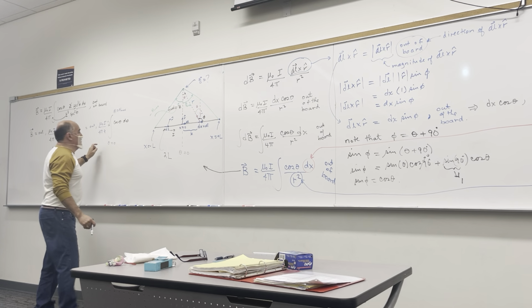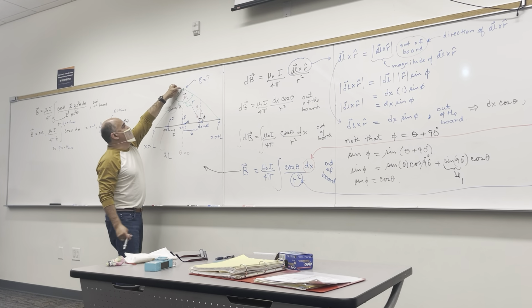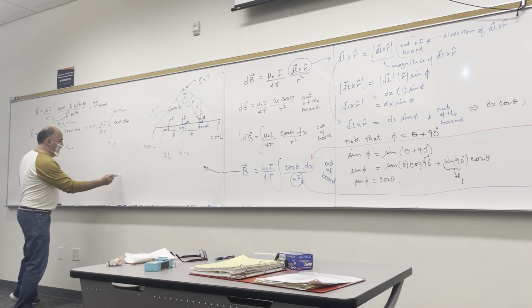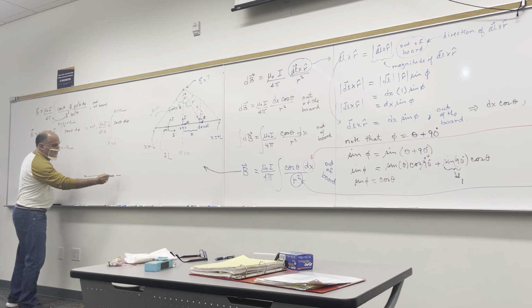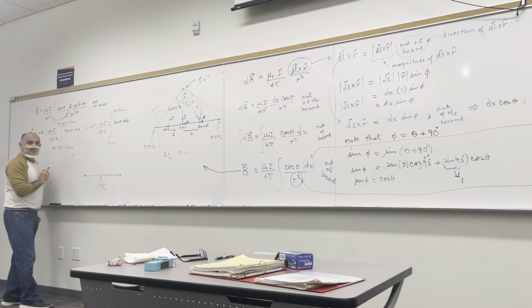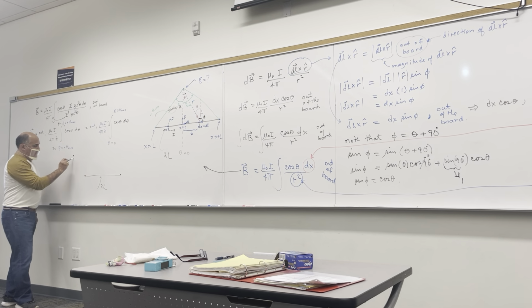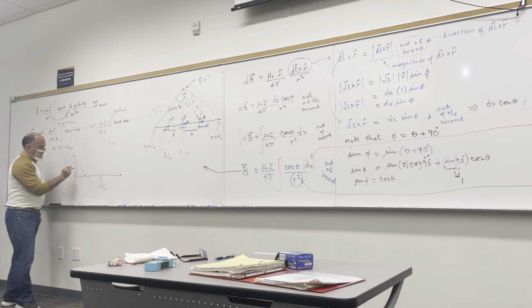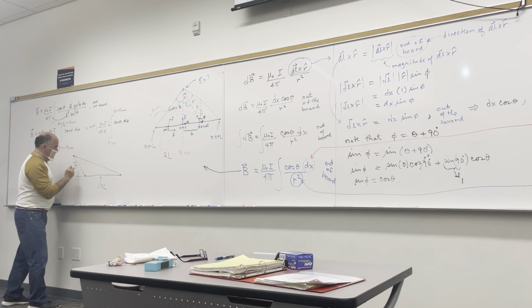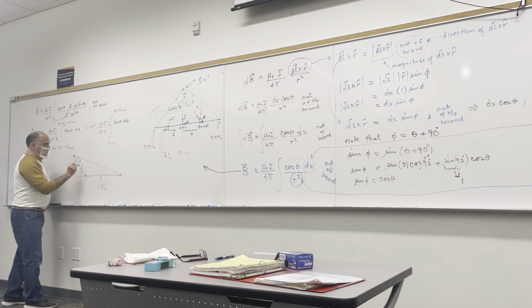This would be more general if this point were not at the top. Suppose this point here that we're calculating the magnetic field at, suppose we have the line segment like this, right? So all of this is 2L. And suppose the point is over here. All right, so this distance is z. Then this angle here would be theta 1, and this angle here would be theta 2.